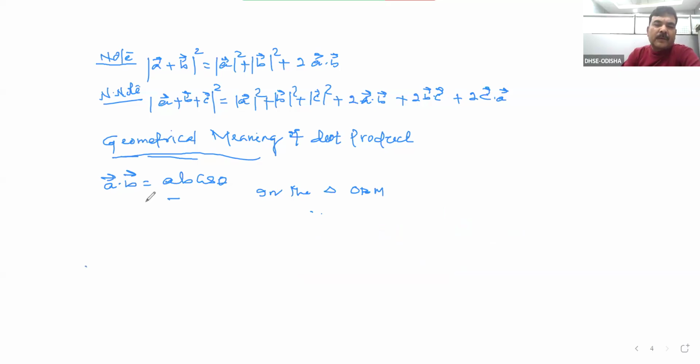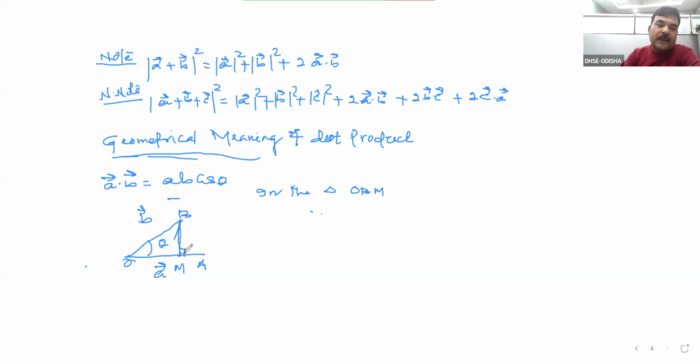So this is OA, that is vector A, OB, that is vector B. Theta is the angle between OA and OB. Let BM be the perpendicular drawn from point B upon OA.